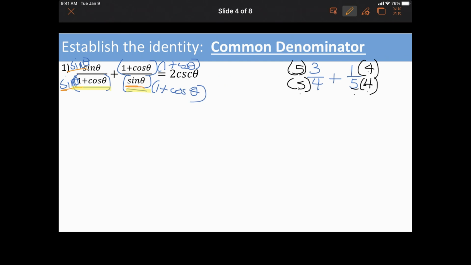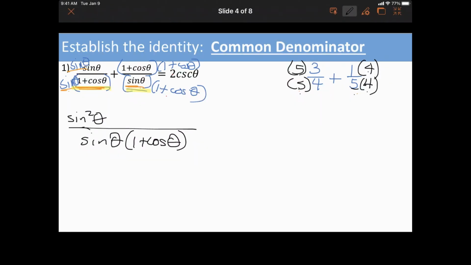That's like 5 multiplied by 5. Sine over here, multiply there. And then the cosine: 1 plus cosine is here, so I have to multiply it to the top and bottom. So that's going to give us a denominator like this. And then sine times sine is sine squared theta.